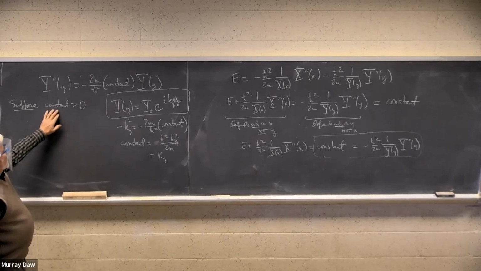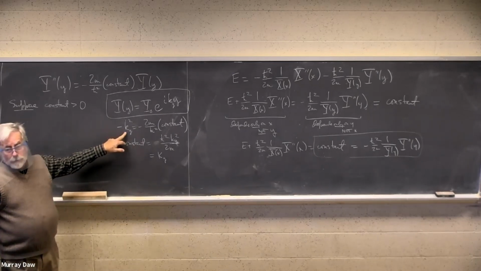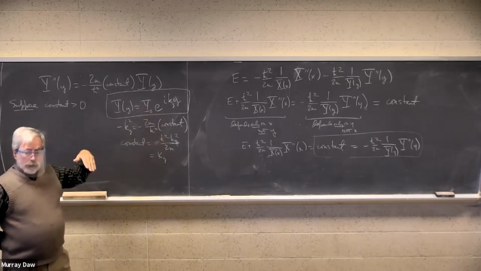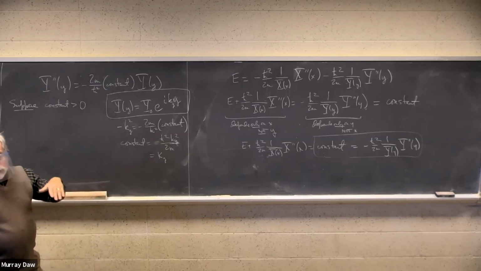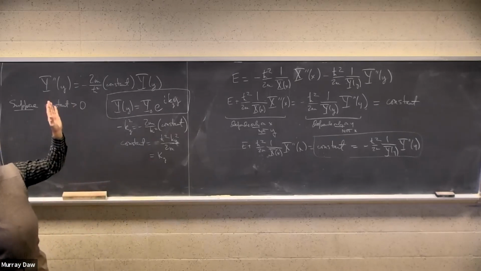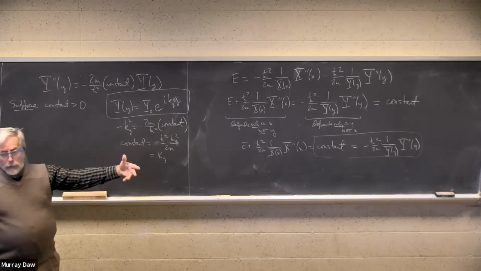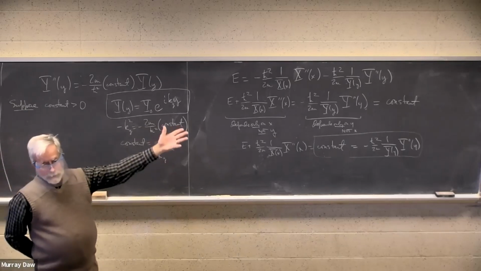So that would mean that k would have to be imaginary, which would be a function that's growing exponentially or decreasing exponentially. We don't want that to happen because we have a free particle. If the probability is growing exponentially in some direction, then when we try to integrate the total probability, you're not going to be able to do that because the probability is diverging in some direction.